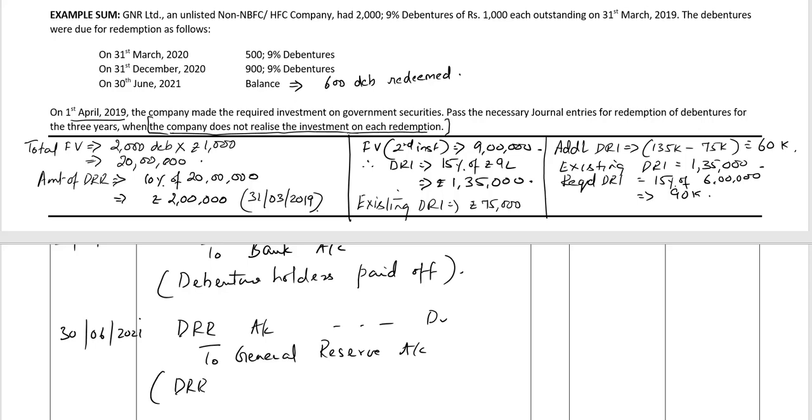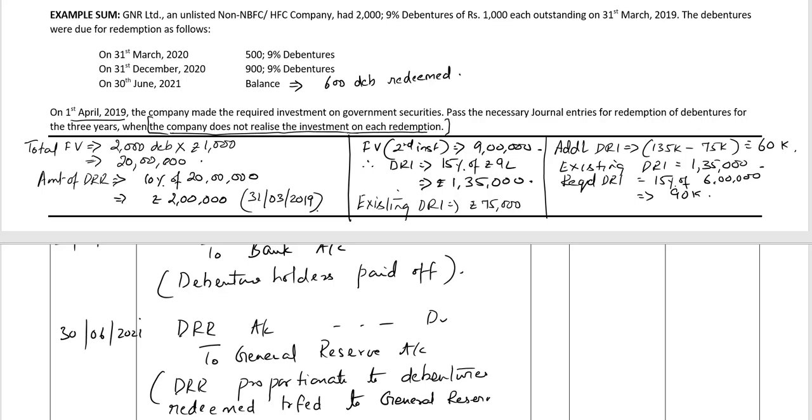DRR proportionate to debentures redeemed transferred to general reserve. 10% of rupees 6 lakh, 60,000 rupees.